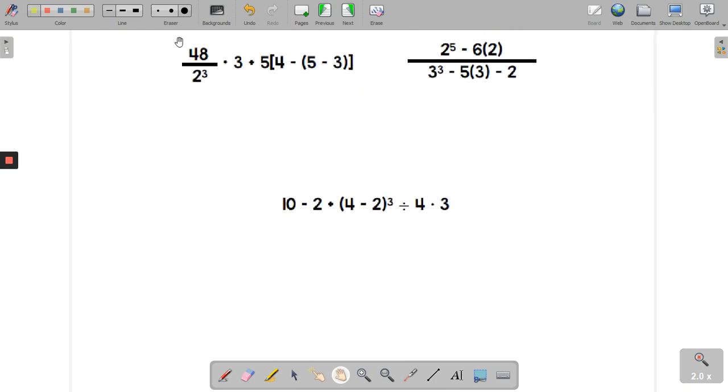The first one we're going to look at, we start with parentheses. Our parentheses, we're going to start right here, 5 minus 3. 5 minus 3 gives us 2. And then we bring down everything else.